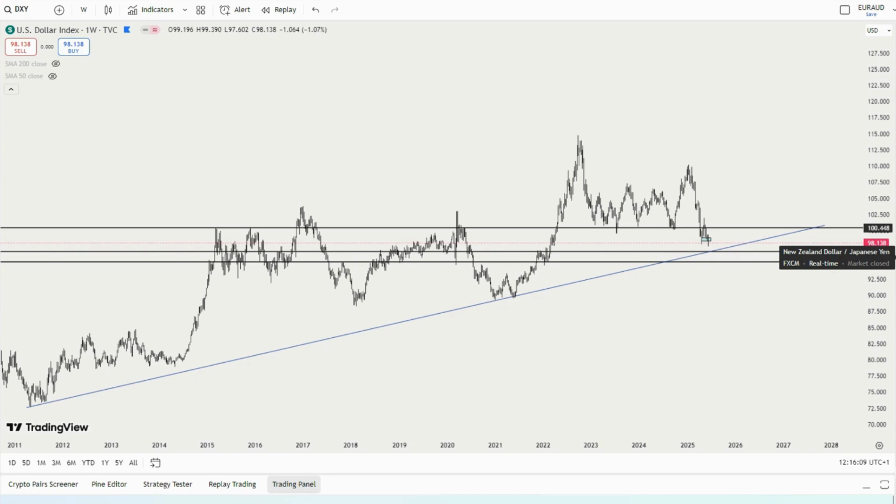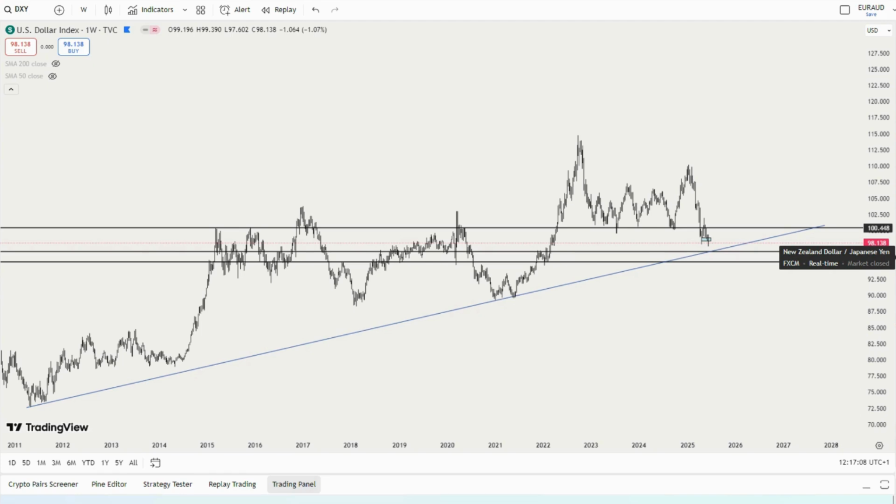We saw gold skyrocket to the upside, which is the aftermath of this new geopolitical tension. Then we saw the spike in the oil price, which affects the Canadian dollar. We saw how strong the Canadian dollar was on Thursday and Friday, and how weak the Australian dollar and the New Zealand dollar were on Thursday and Friday.